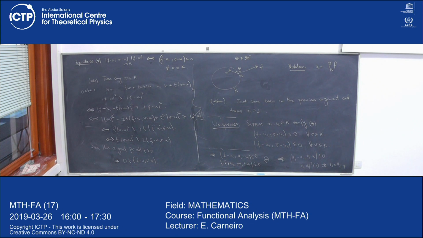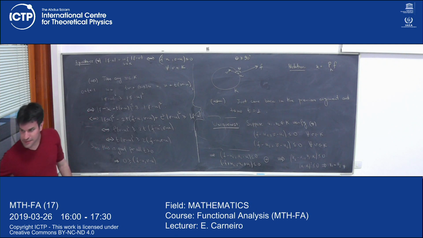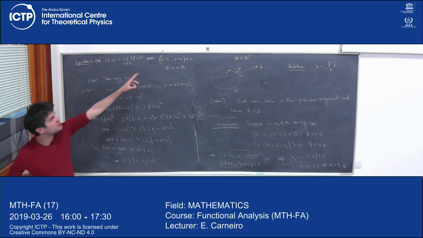Go ahead. We didn't use the uniform convexity. This proof, actually, I think is only for Hilbert spaces. We didn't use the uniform convexity. Yes, for uniqueness, no. But we use the structure of Hilbert space, right? We use this thing here.